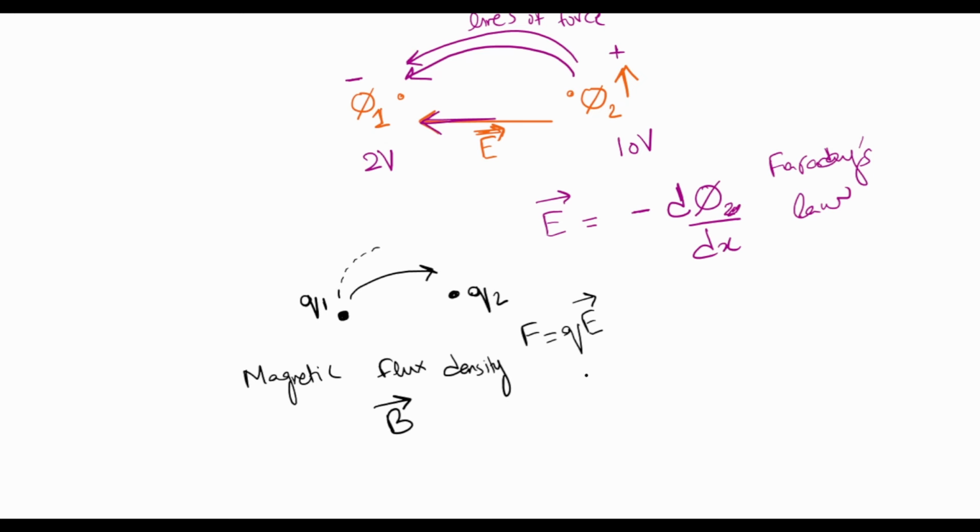This can also be defined in terms of the fundamental quantities. So the force experienced by a unit positive charge when moving with a velocity of u is given by this relation.